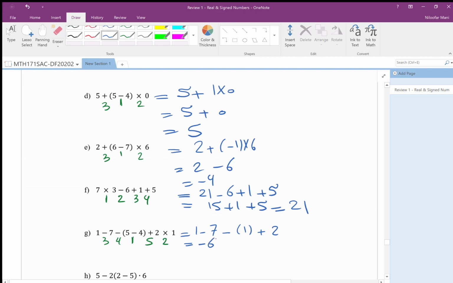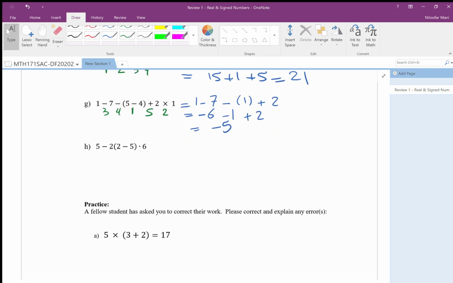This is minus 6 minus 1 plus 2, which is minus 7 plus 2, which is minus 5. Let me check if I am correct. 1 minus 7, yes, this is 1, and then minus 1, and then 2 times 1, yes.